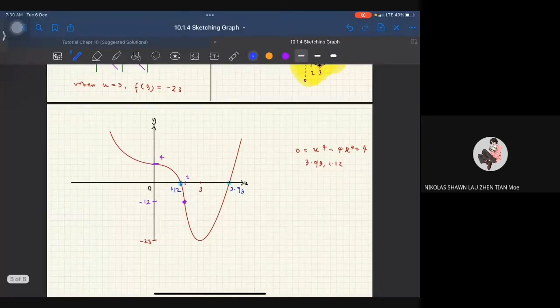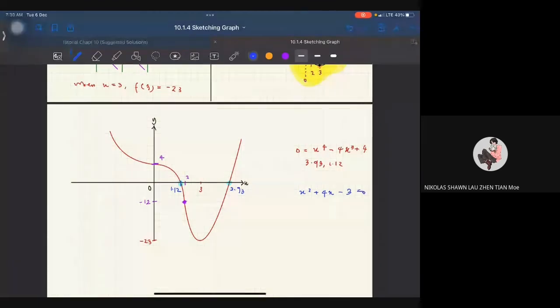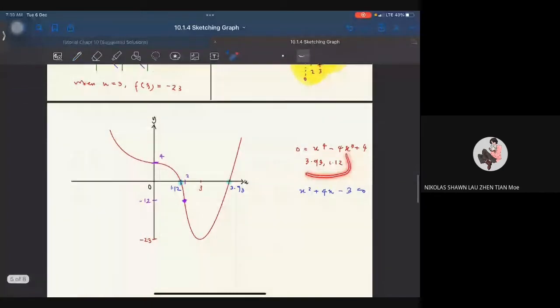Let's say this is just an example, I am not sure it is correct: x squared plus maybe 4x minus 3 equals zero. When we press the calculator for a quadratic, you get an ugly value. You can use two ways: the quadratic formula, or completing the square method. But in case we have power 4 or power 3, you have never learned how to find those values without pressing your calculator.